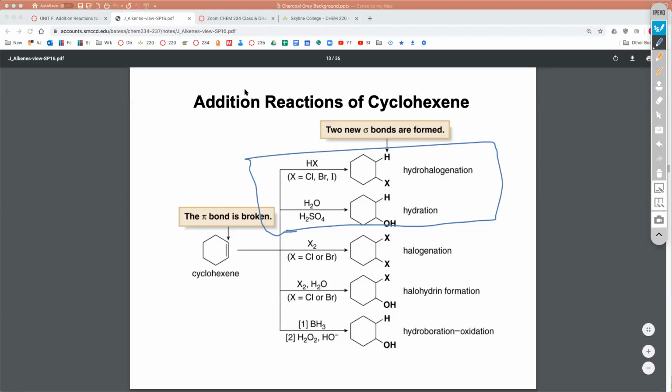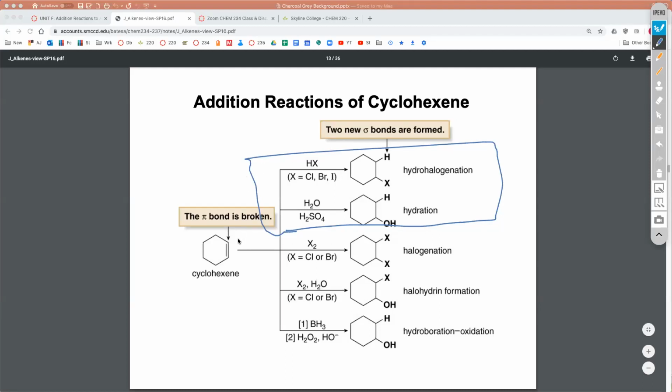So again, what we're taking a look at is the addition reactions to cyclohexene here, so across a double bond. And considering these first two, they are very similar.